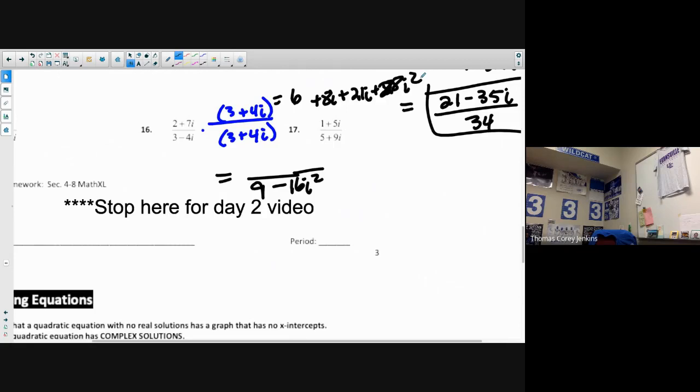All right, so I'm going to go ahead and clean that up before I write it out. So my real number part is going to be 6 minus 28. Remember, that's 28 times negative 1. 6 minus 28, so that'd be negative 22. And then my imaginary number part is 8i plus 21i, so plus 29i.